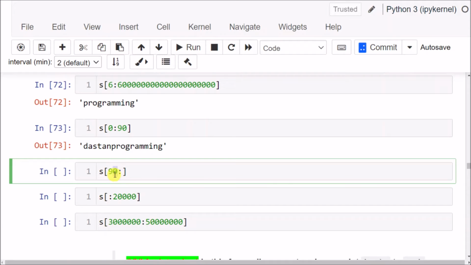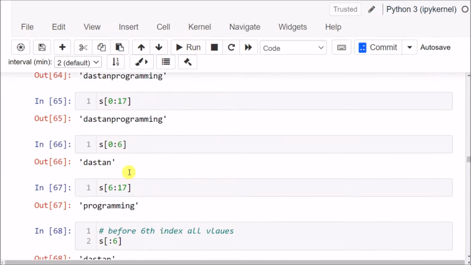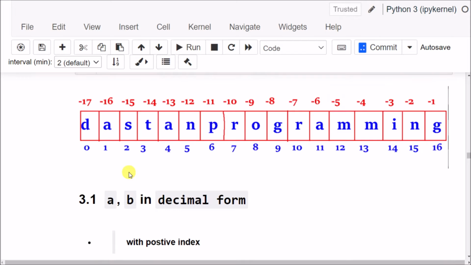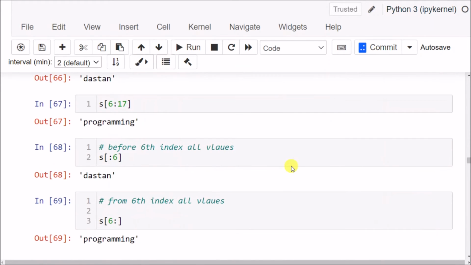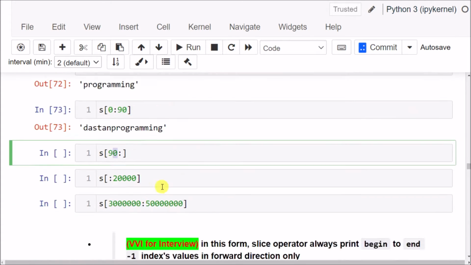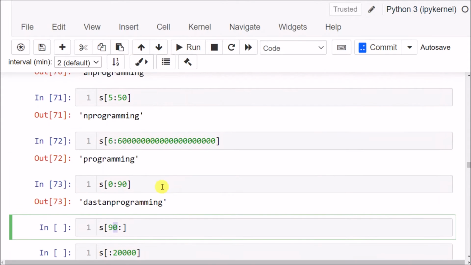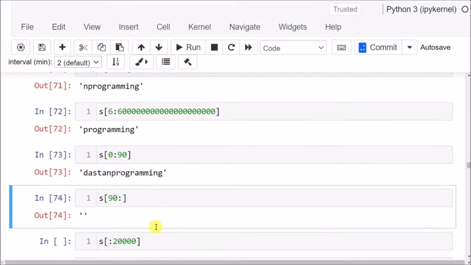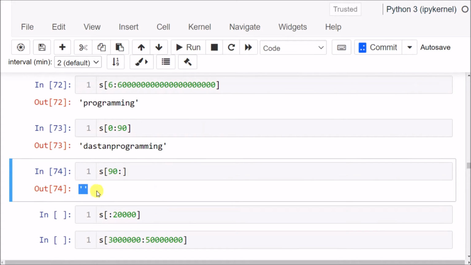Means what? From 17th we can see here. Always in this form we have to go from left to right direction. So from 17 there is no value, so it will return an empty string. Here we can see this is the empty string.